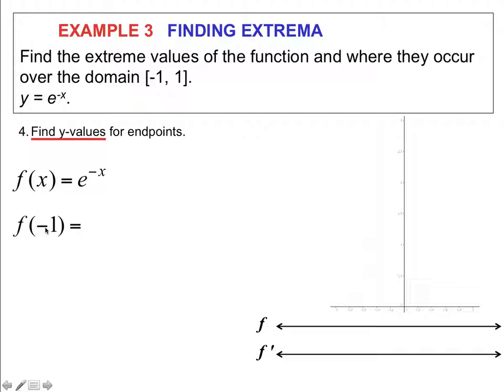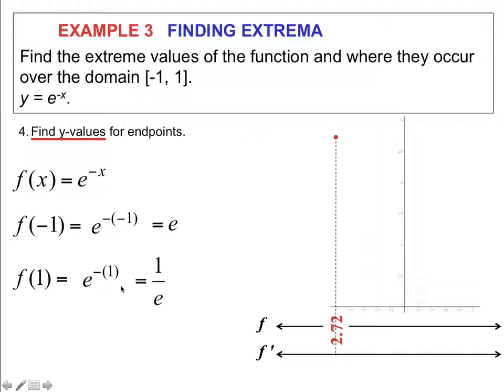So the value when x is equal to negative 1 is e to the opposite of negative 1, which is e to the 1. So that's about 2.7. So here's at negative 1, we have a y value of about 2.72. And at positive 1, we have e to the opposite of 1, which is e to the negative 1, which is 1 over e.